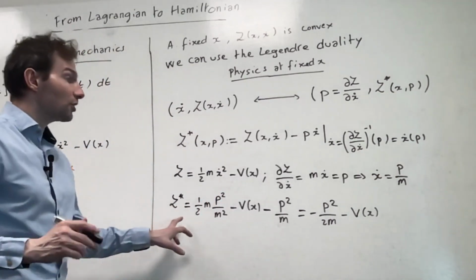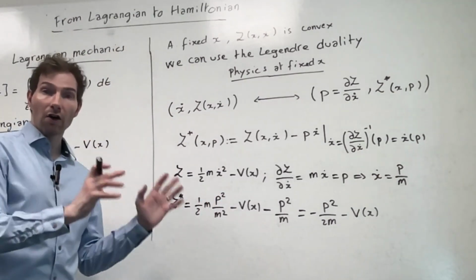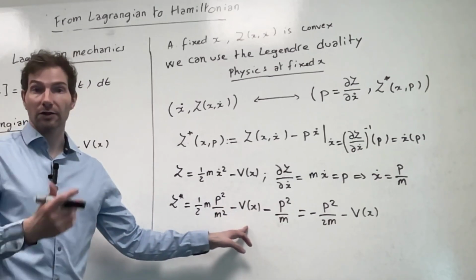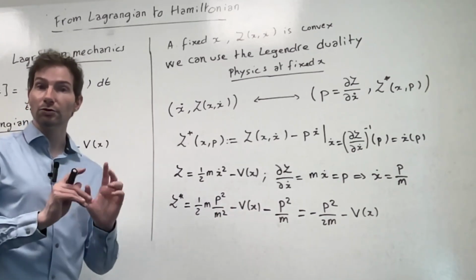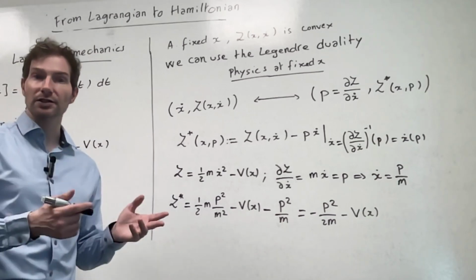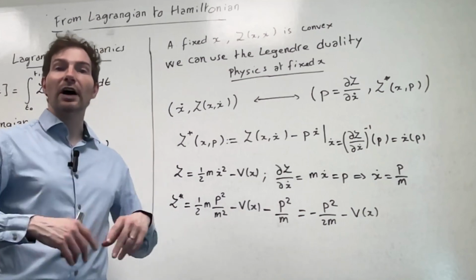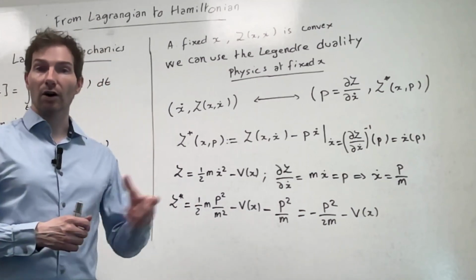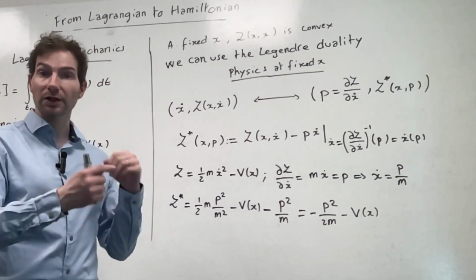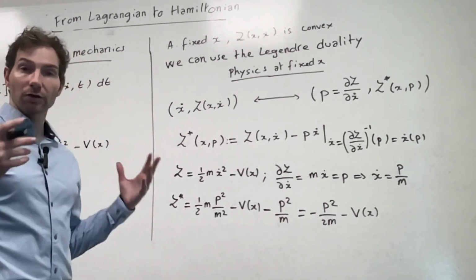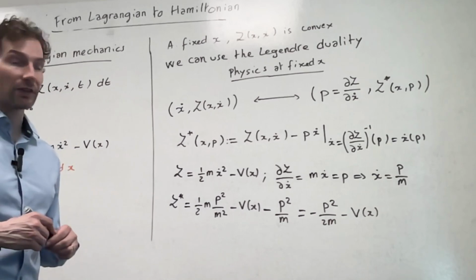Now, this is a Legendre transformation of the Lagrangian relative to the x dot variable, the velocity. So we essentially replace the velocity by the slope of the Lagrangian function relative to x dot. Okay. Now we've got a dual way of representing things.